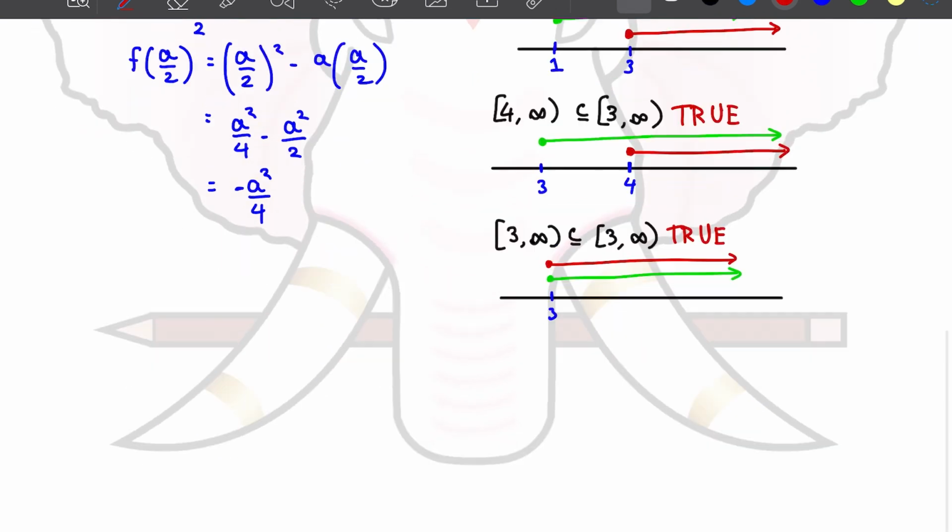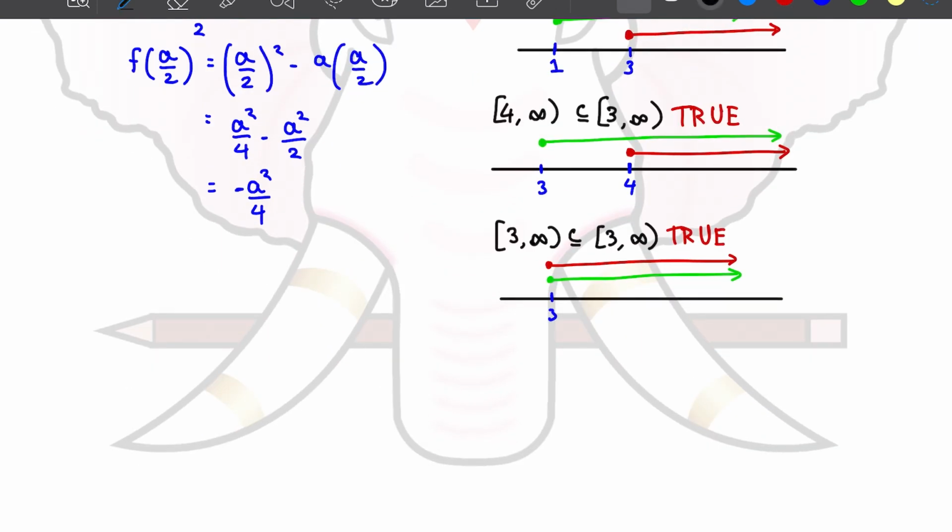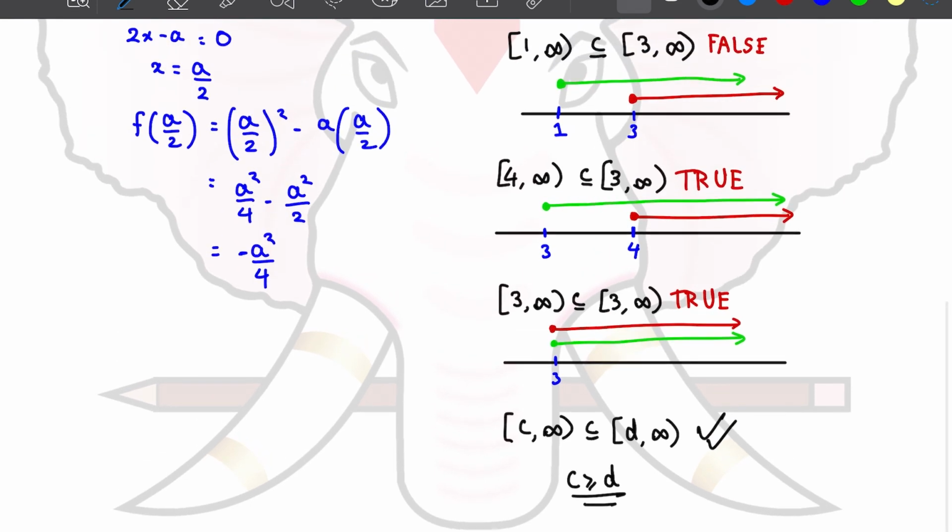So judging by these few examples, if I were to write a generalized form, c to infinity is a subset of d to infinity as long as c is greater than or equal to d. This statement is considered to be true as long as c is greater than or equal to d.